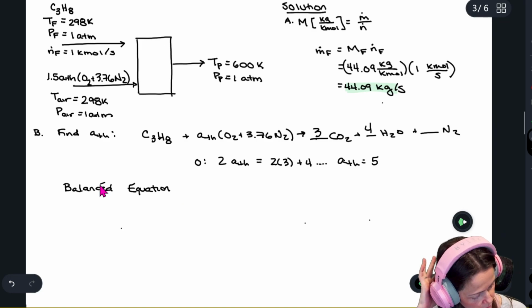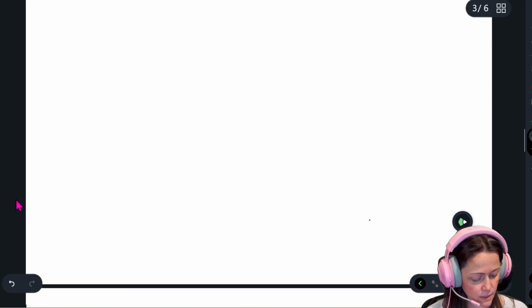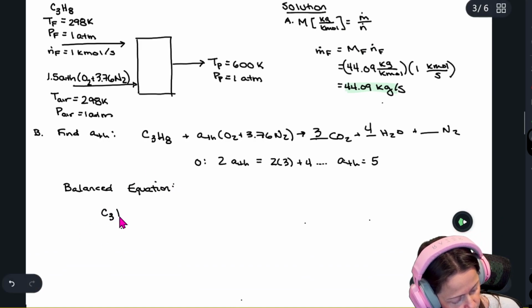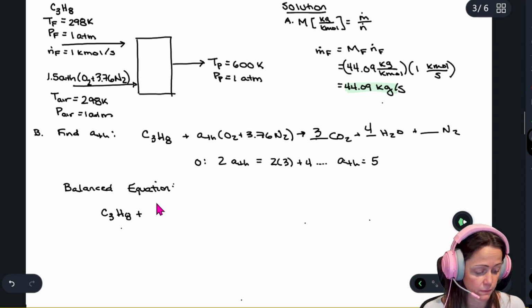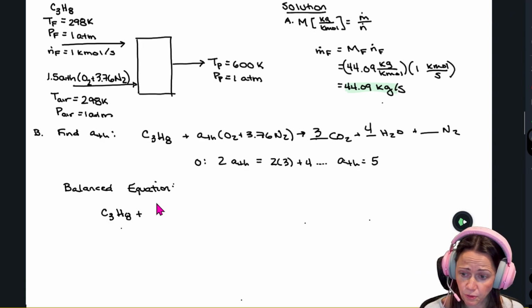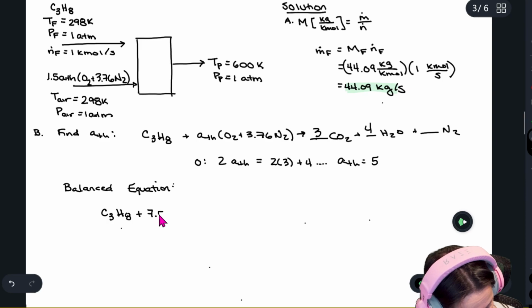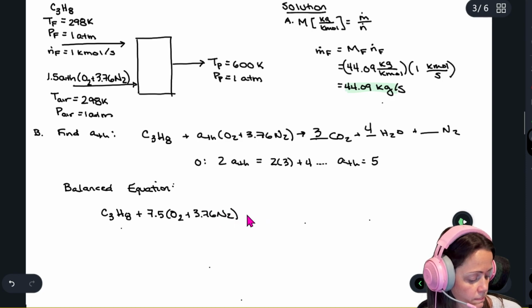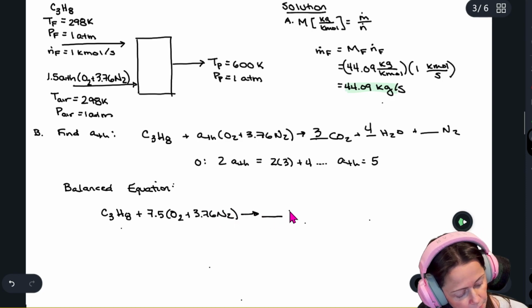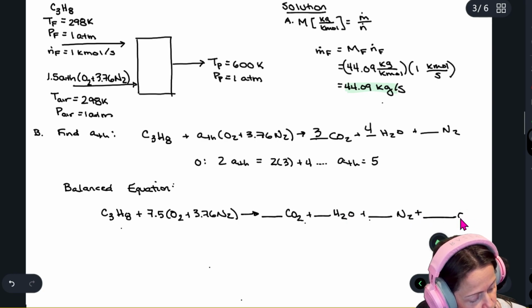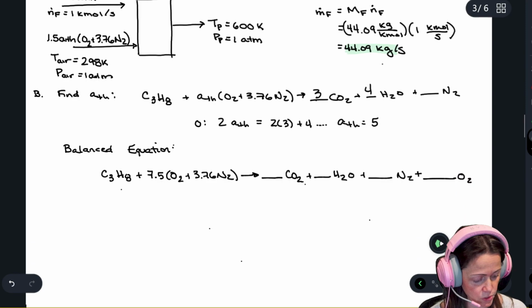C3H8 plus, my theoretical air is 5, but I'm multiplying it by 1.5, so it would be 7.5 times O2 plus 3.76 nitrogen can give me some amount of CO2, some amount of water, some amount of nitrogen, and then because we have excess oxygen, if I want everything to balance, I have to have some oxygen over there.